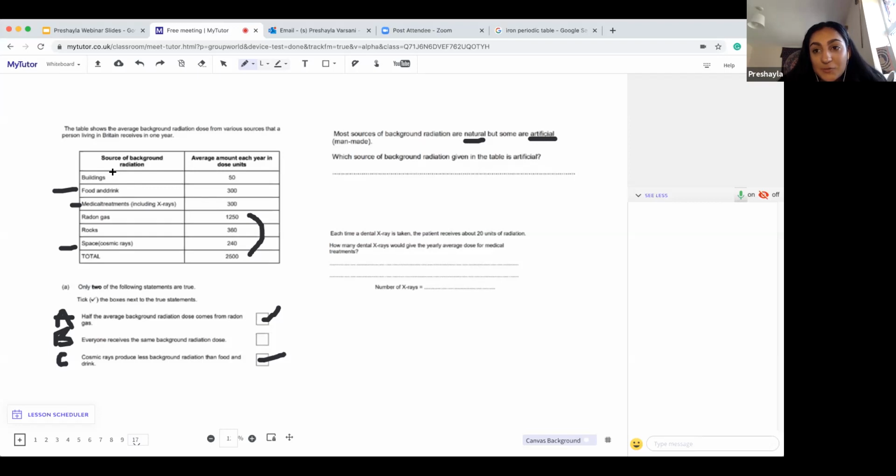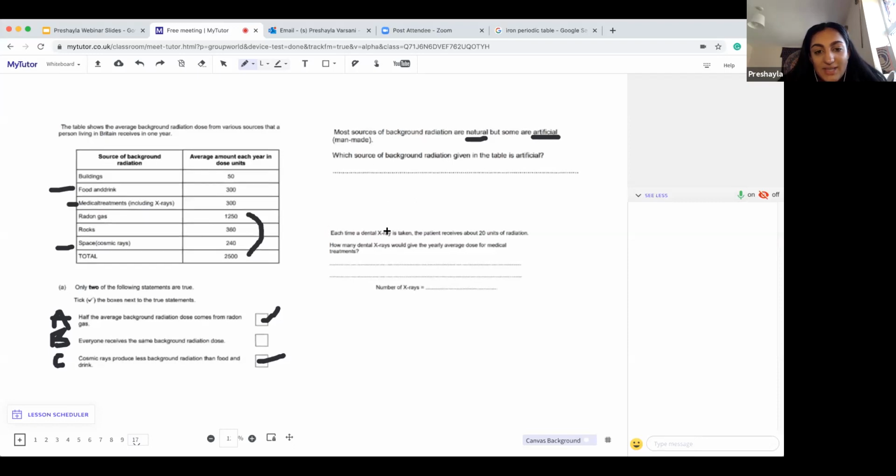Buildings, again, natural because they are created from radioactive elements, which are naturally occurring. Radon, again, naturally occurring gas. Rocks, naturally occurring. Space and cosmic rays are naturally occurring. Medical treatments, we have to create those X-rays. So not always naturally occurring.